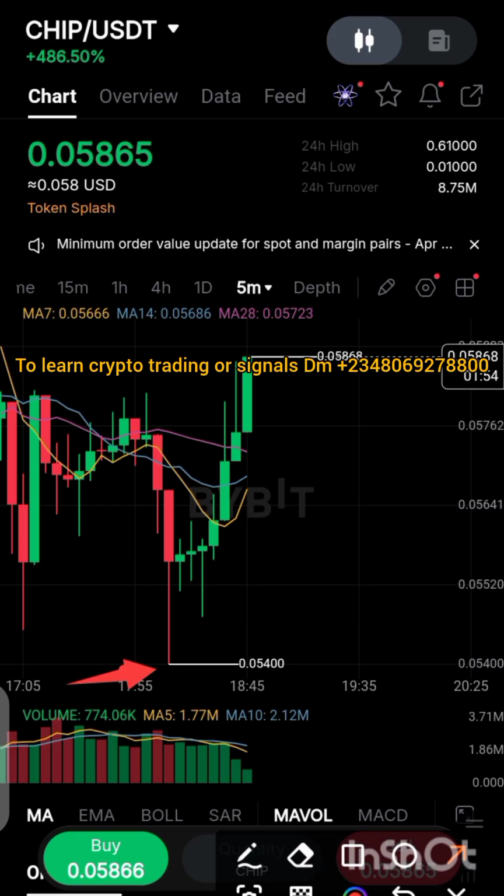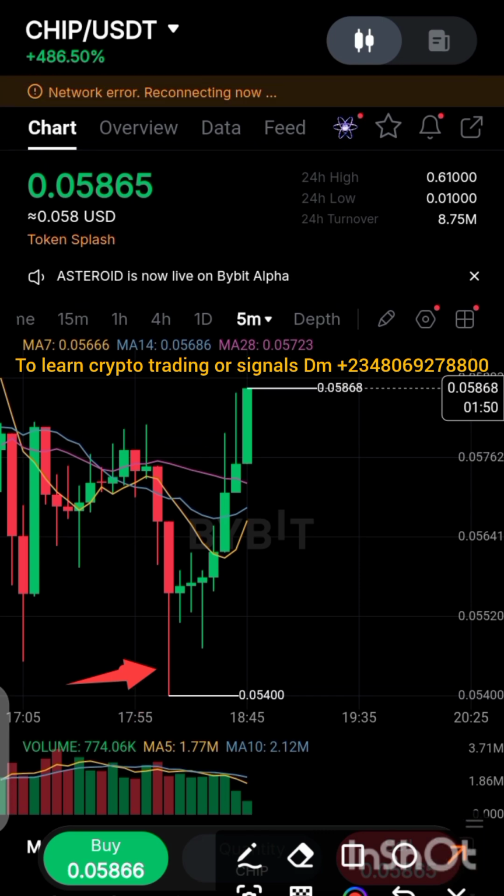You need to make sure that the second candlestick that is coming closer to this candlestick closes in green, that it closes as a bullish candlestick.